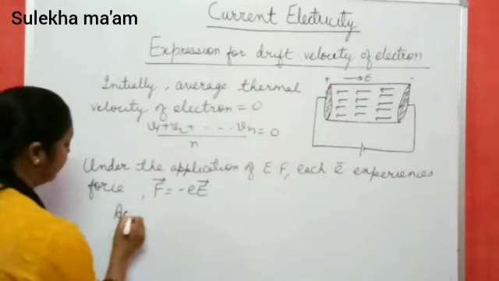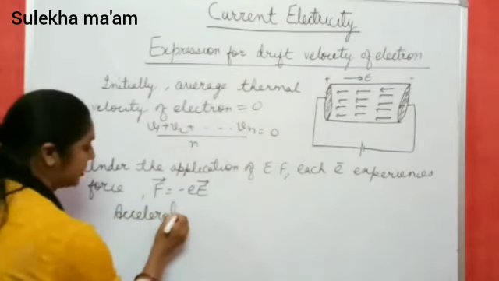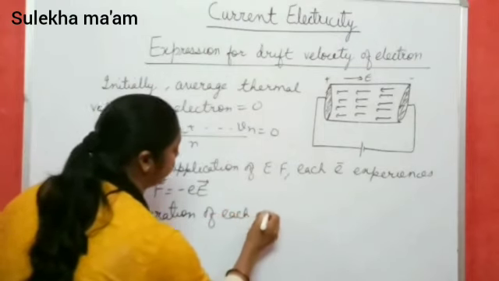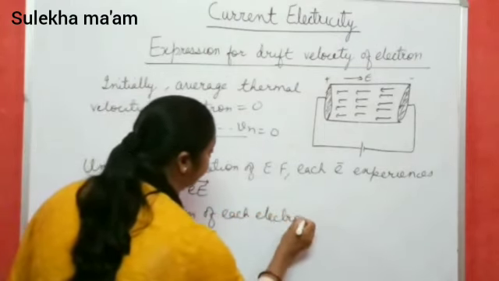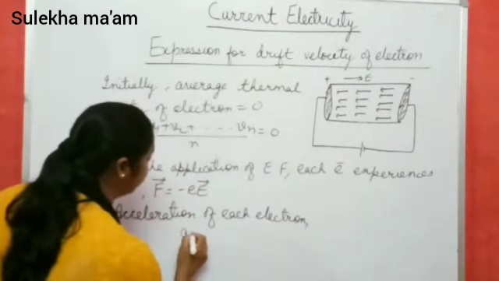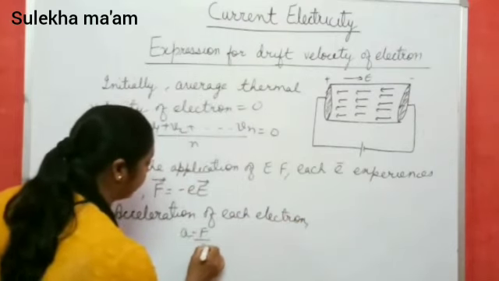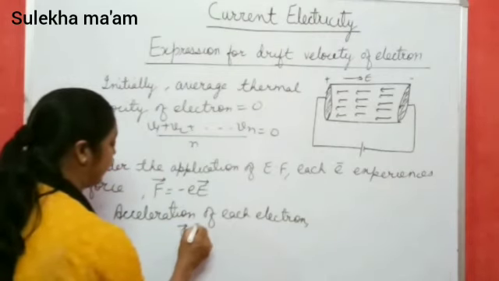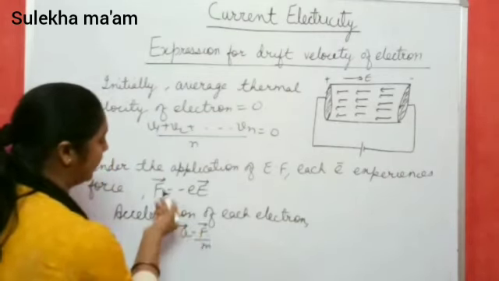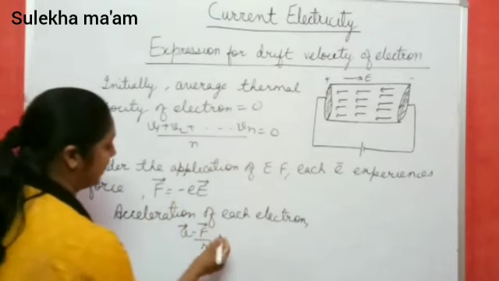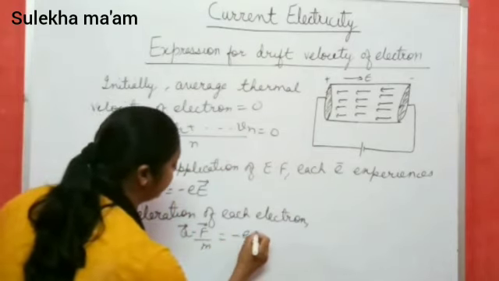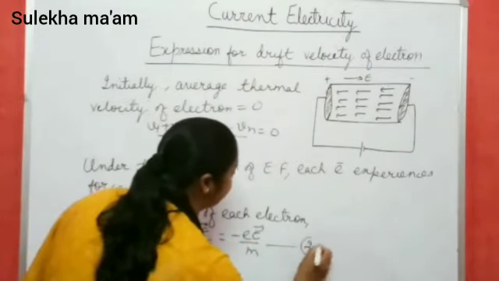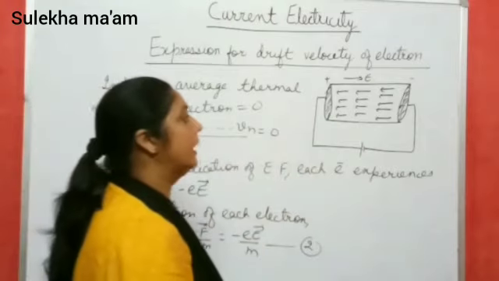Therefore, due to that force, the acceleration of each electron becomes a equal to F by m. You know F equal to ma in Newton's law. So a equal to F by m, where a is acceleration, and F equal to minus eE. So a equal to minus eE by m. This is the expression for acceleration gained by the electrons.